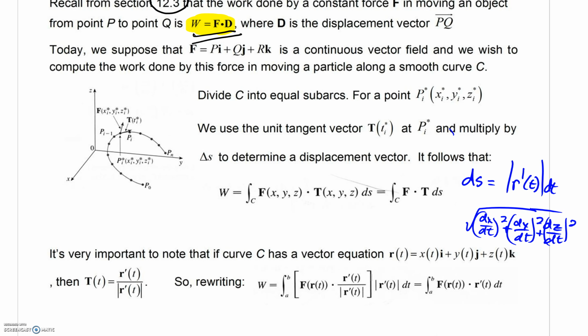So we've got a continuous vector field, but we're going to compute work done by this force moving a particle along a smooth curve C.